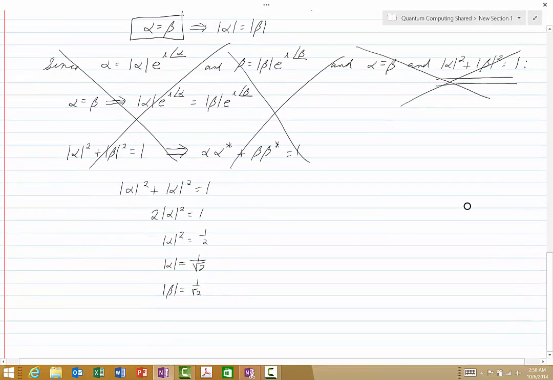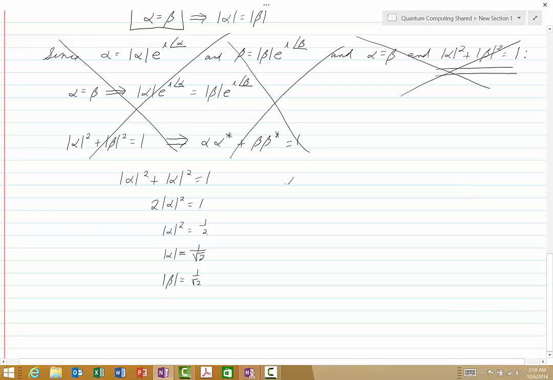And now finally, alpha is equal to, as we wrote above, magnitude of alpha e to the i phase of alpha. Beta is magnitude of beta e to the i phase of beta. So alpha is 1 over square root of 2 e to the i phase of alpha. Beta is 1 over square root of 2 e to the i phase of beta.